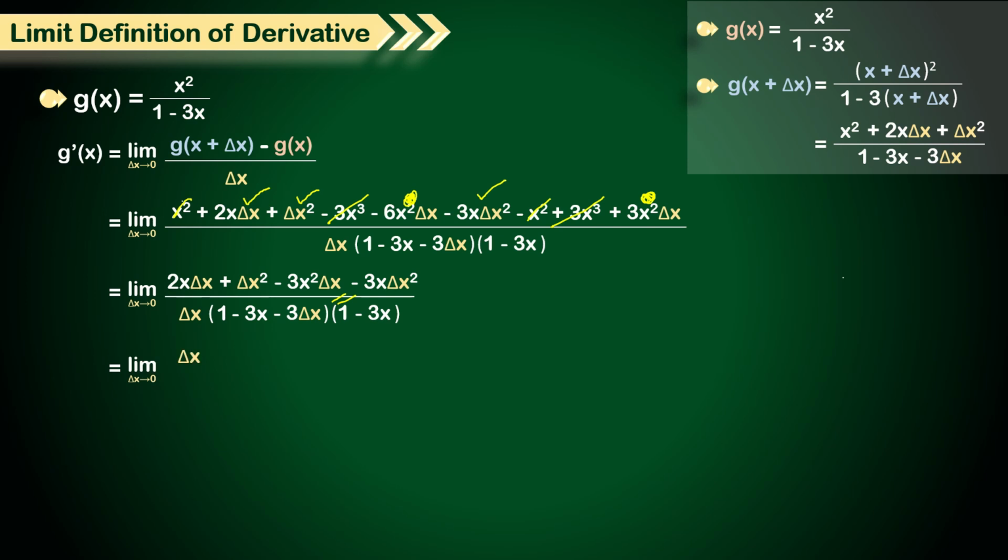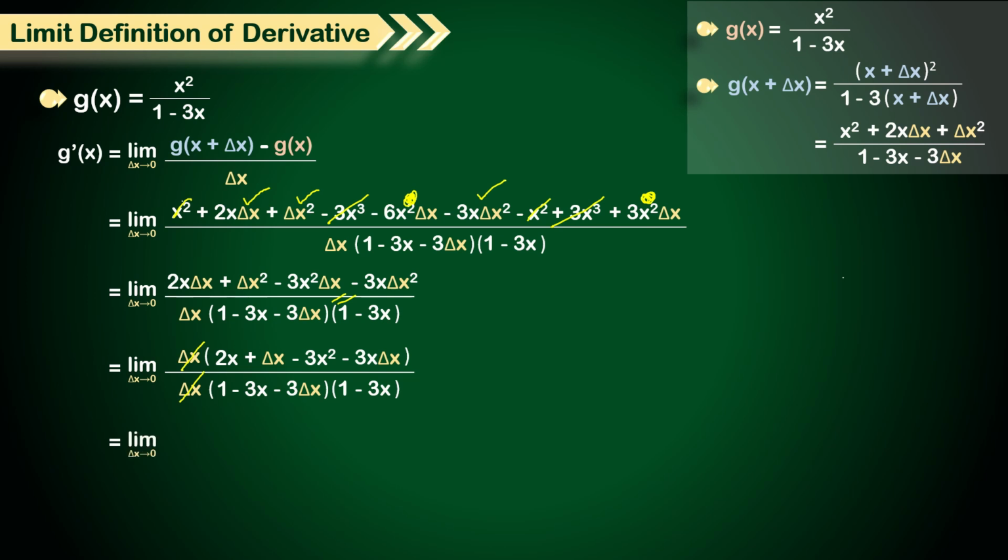We have limit of delta x multiplied by 2x plus delta x minus 3x squared minus 3x delta x over the whole denominator. Eliminate delta x.